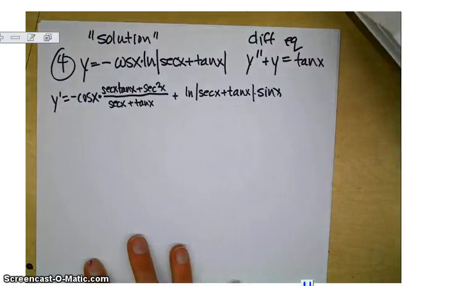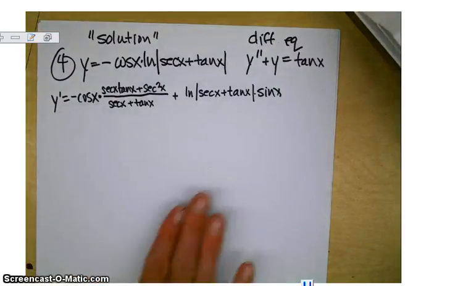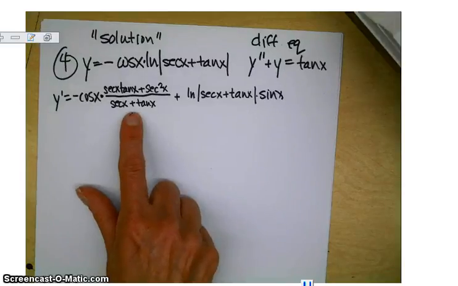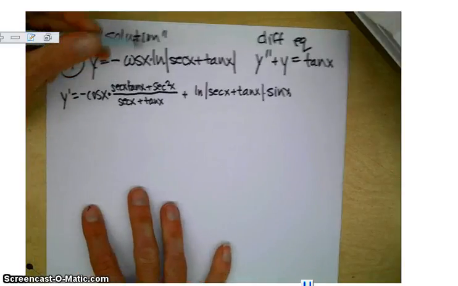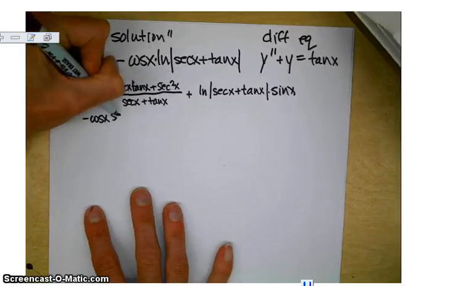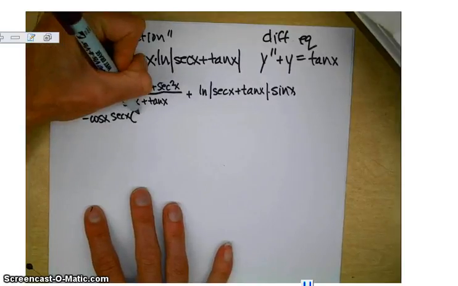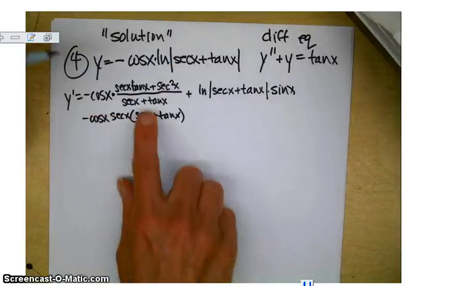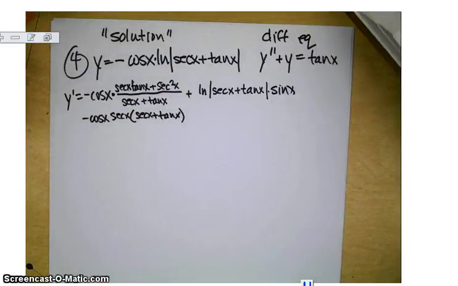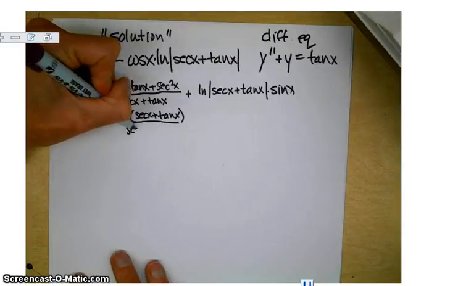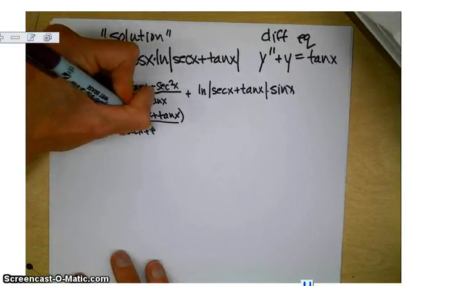All right, so before I actually try to take the second derivative, this looks really bad, so I'm going to try to simplify this. What can I factor out of these two? I can factor out a secant x, and then I have basically secant x plus tangent x inside. Is it okay that I switch the order? Yeah. And then that, thankfully, cancels with the bottom.